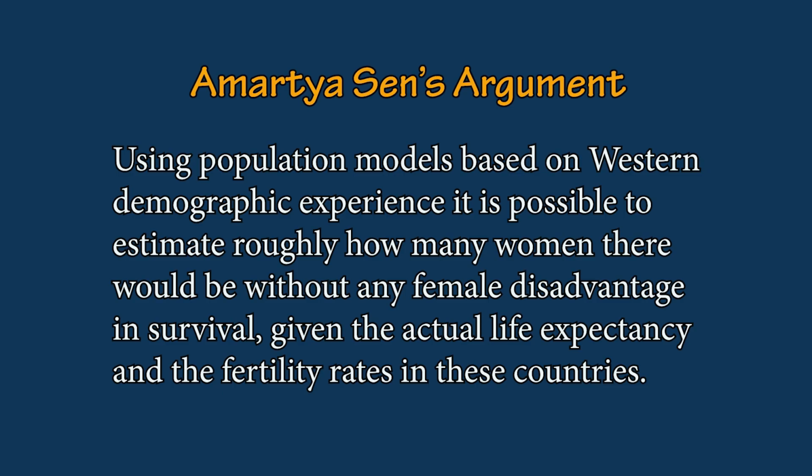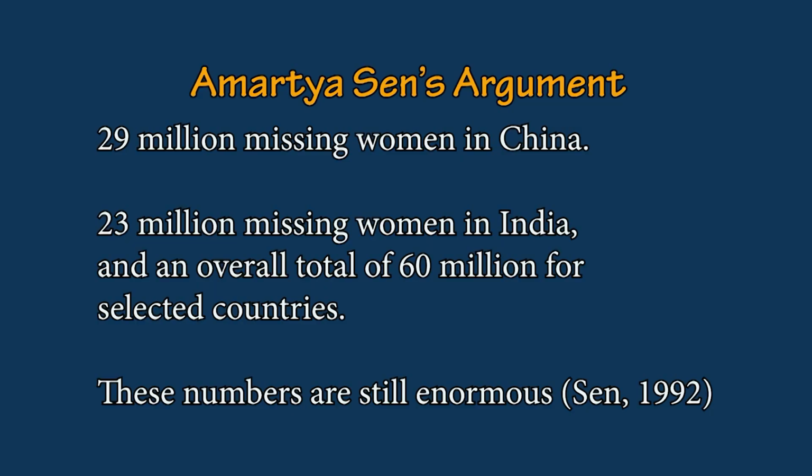Given the actual life expectancy and fertility rates in these countries, Professor Sen has estimated and reported 29 million missing women in China, 23 million missing women in India, and an overall total of 60 million missing women for selected countries. These numbers are still enormous. But remember, these reported numbers are for the early 1990s, right?